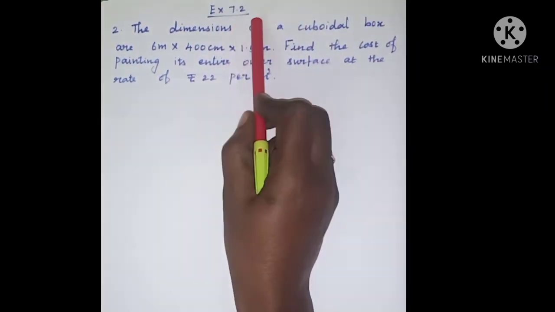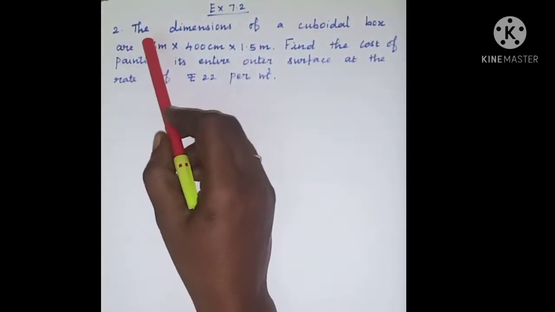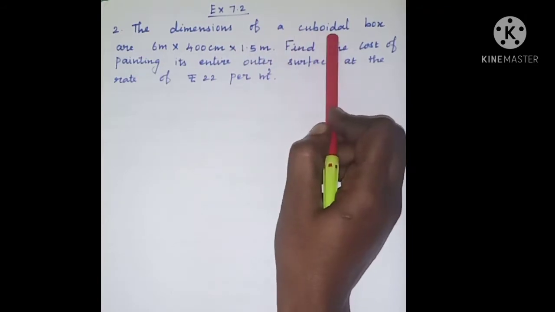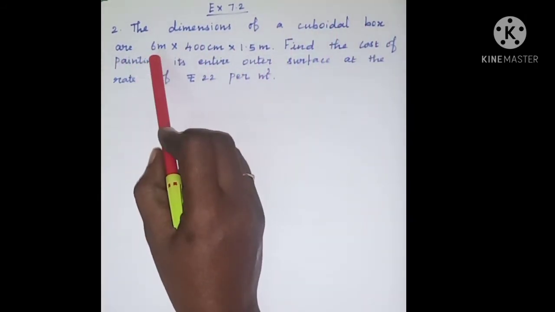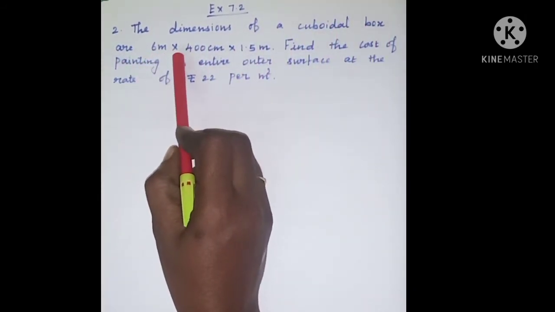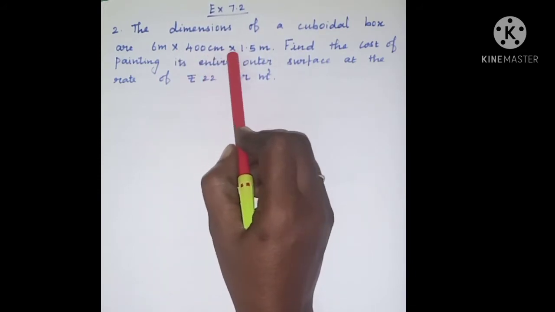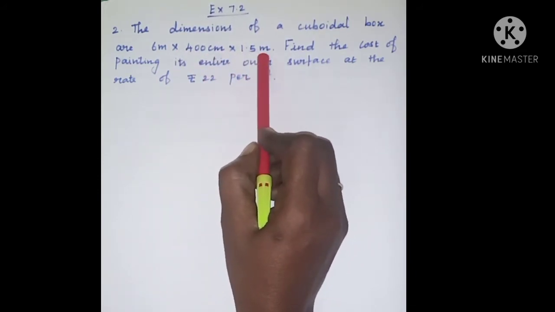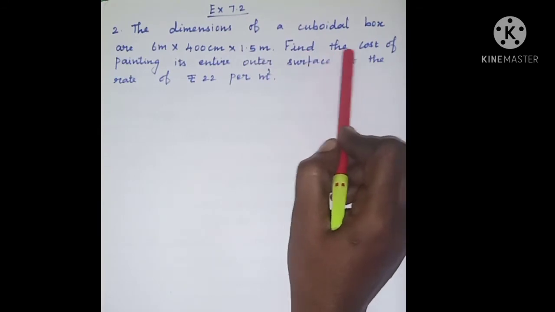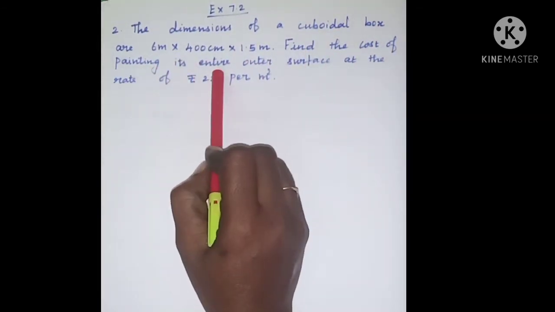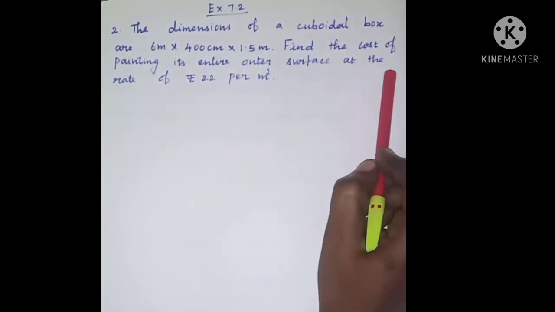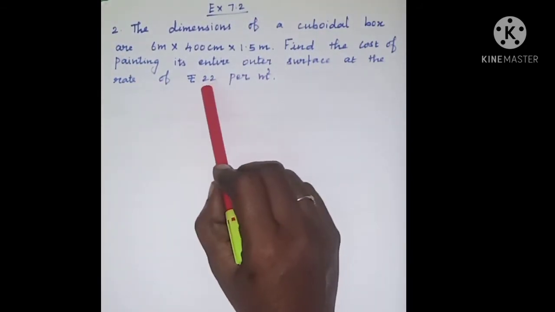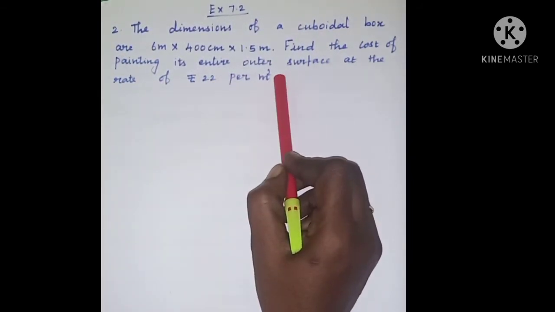Exercise 7.2, second problem. The dimensions of a cuboidal box are 6 meter into 400 centimeter into 1.5 meter. Find the cost of painting its entire outer surface at the rate of rupees 22 per meter square.